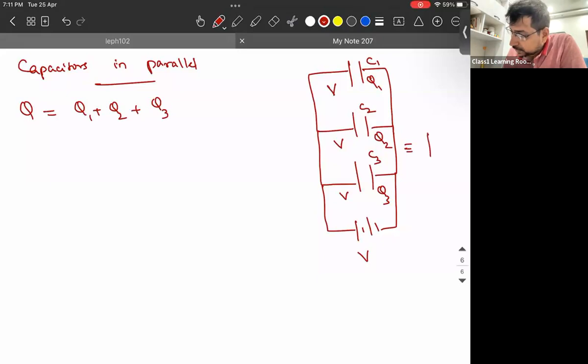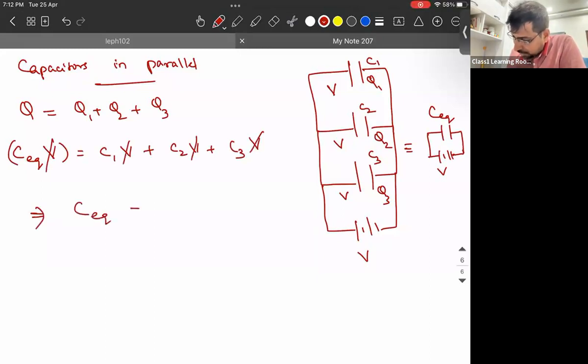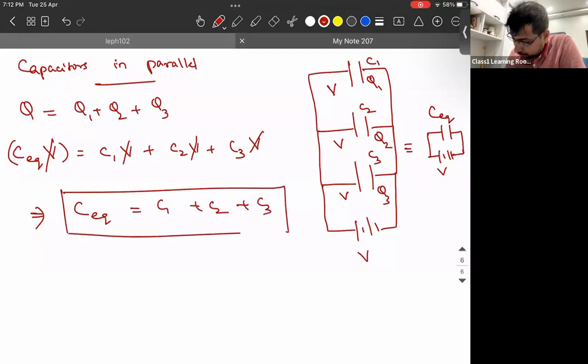If I replace this with the equivalent capacitance, C equivalent, then I'll get Q is equal to C equivalent into V, which will be equal to Q1 which is C1 into V, Q2 which is C2 into V, and Q3 which is C3 into V. So V will get cancelled, which implies C equivalent will be equal to C1 plus C2 plus C3. Right, this is going to be the equivalent capacitance when they are connected in parallel.